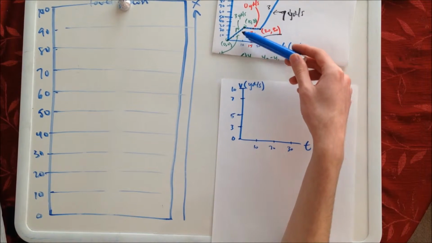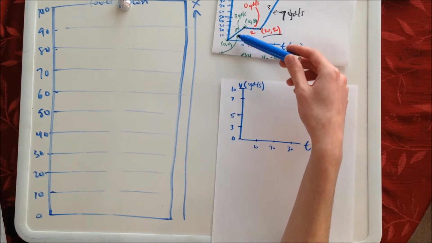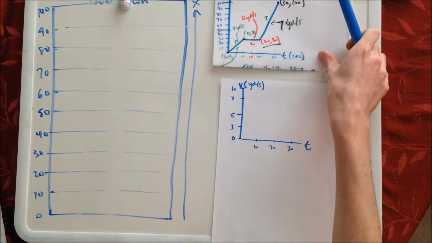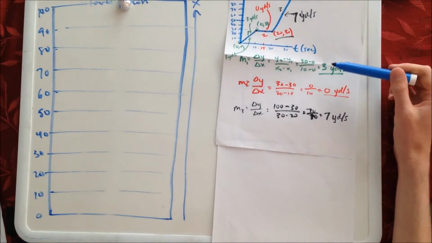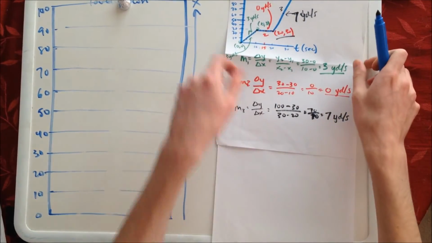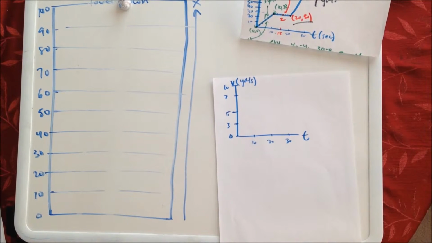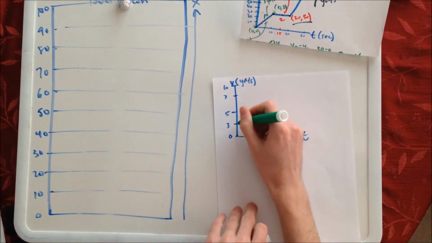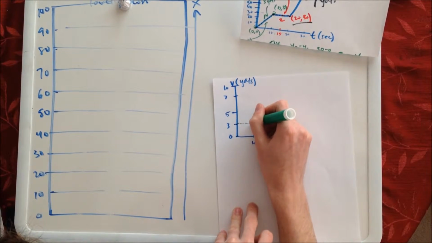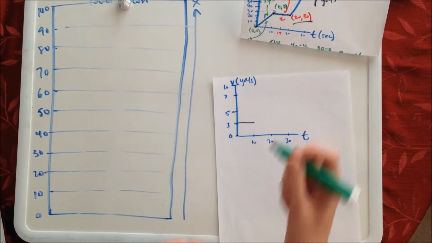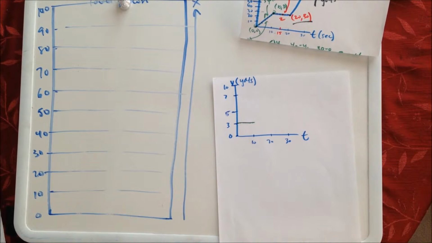The velocity from 0 to 10 seconds is constant. And we found that it's a constant 3 yards per second. Every instant between 0 seconds and 10 seconds, the robot is moving at 3 yards per second.